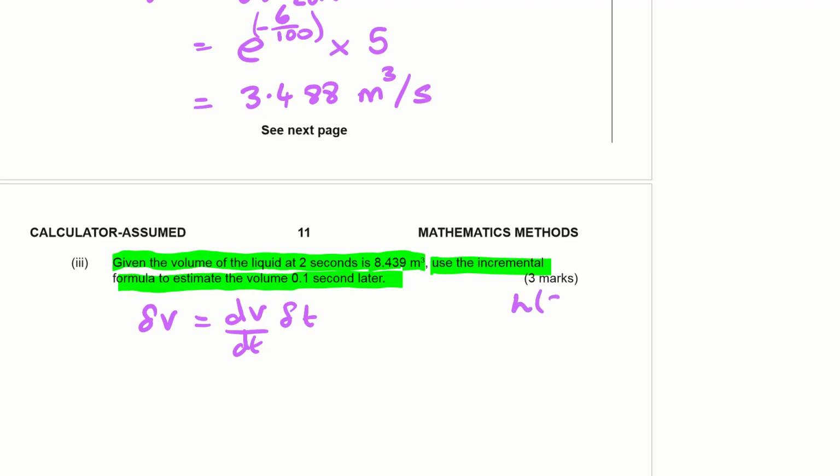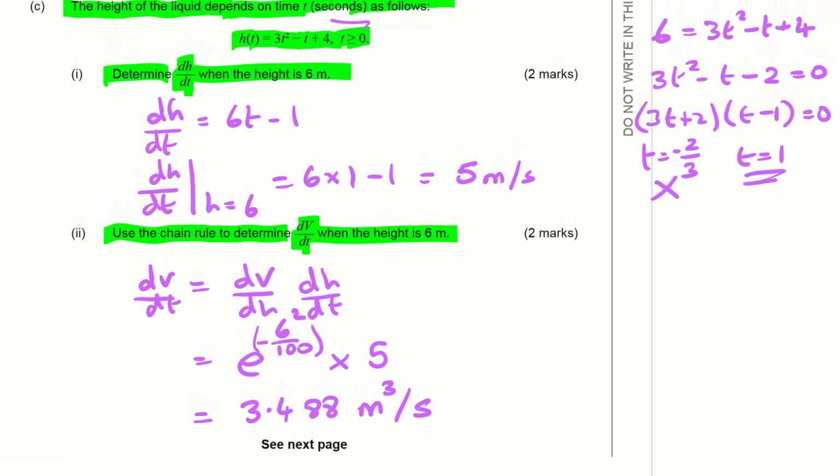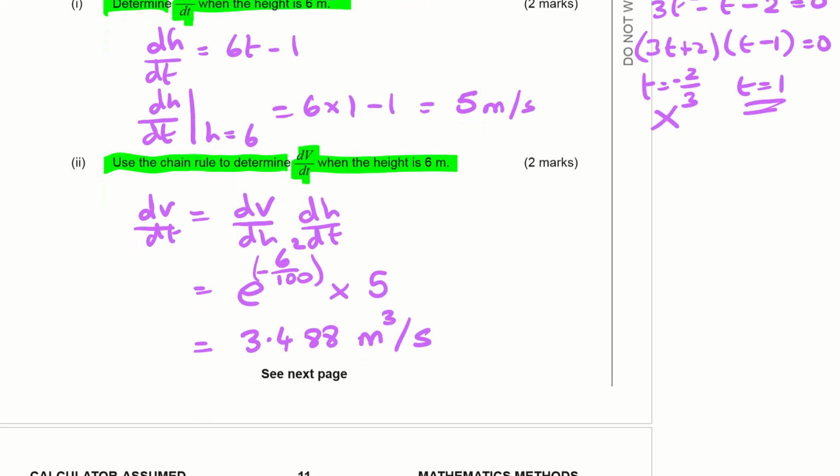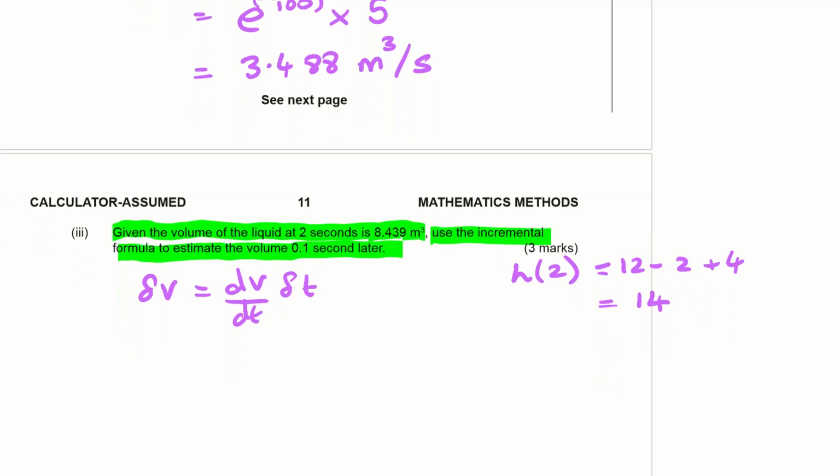Now, h of 2, remember we've got the formula for h here, is going to be 3 times 2 squared, so that's 12, take away 2, add 4, is equal to 14. So we know that h is equal to 14.